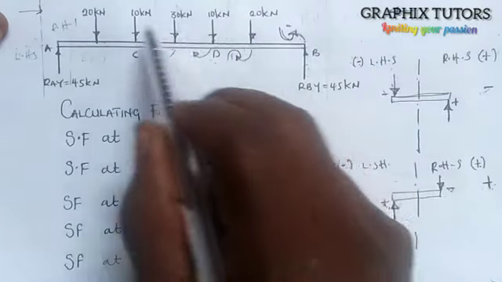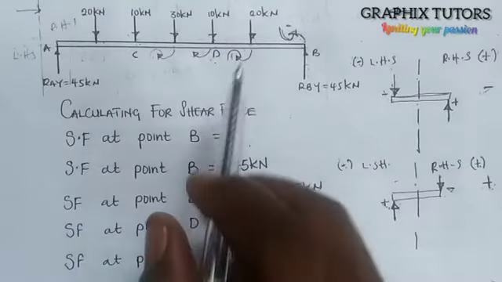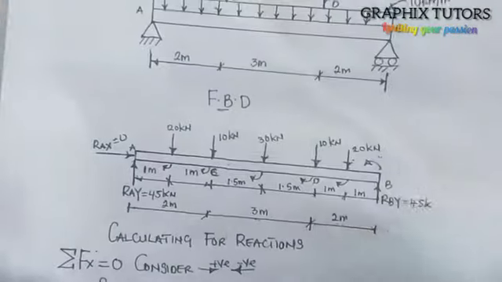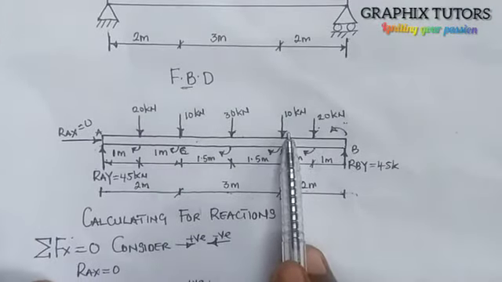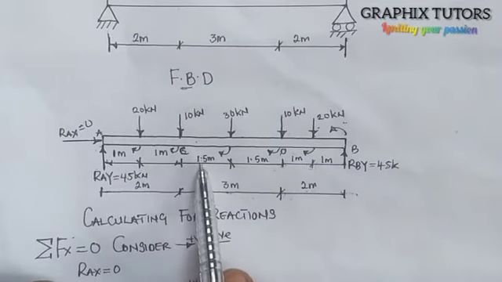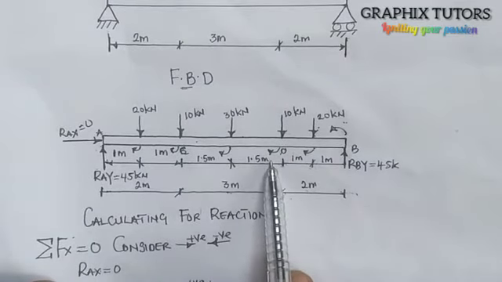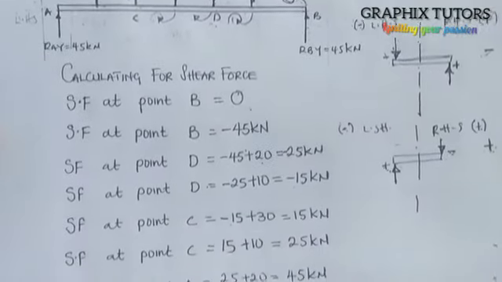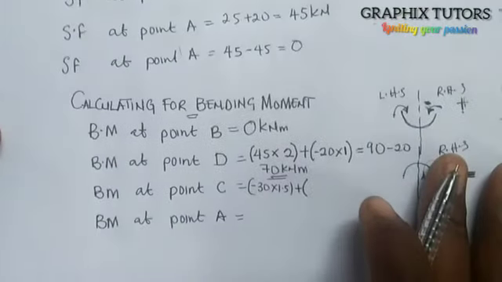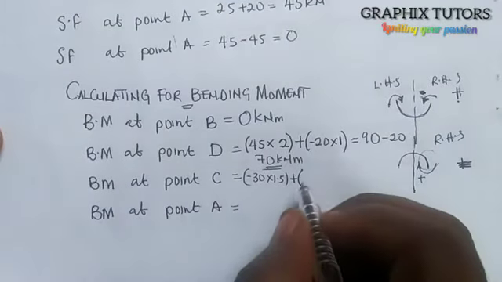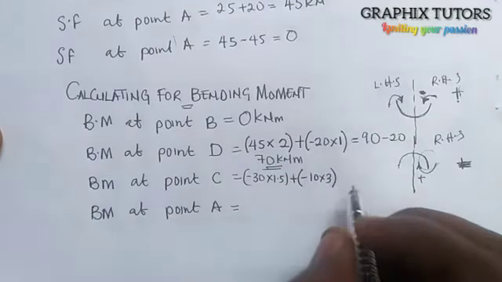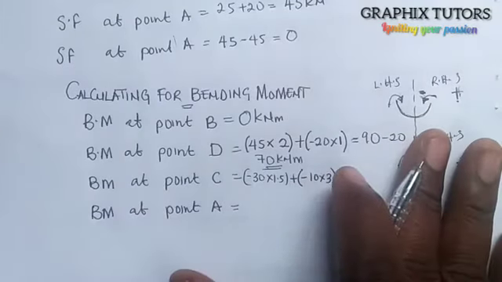The distance between the first 10 and the other 10 is 1.5 plus 1.5, and that is 3. So it will be minus 10 times 3. That is the distance.